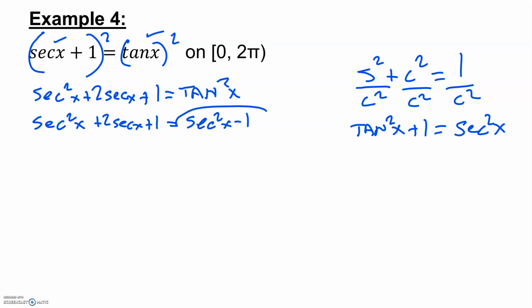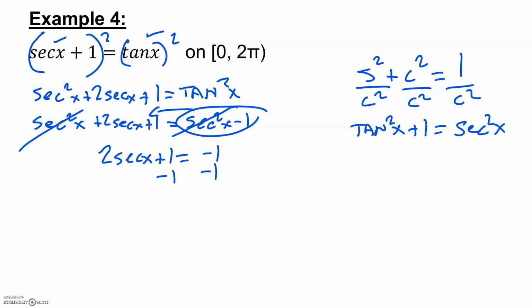Now, move those to the other side. You know, secant squareds cancel out. And we have 2 secant of x plus 1 is equal to negative 1. I'll subtract 1 on both sides. Divide by 2.